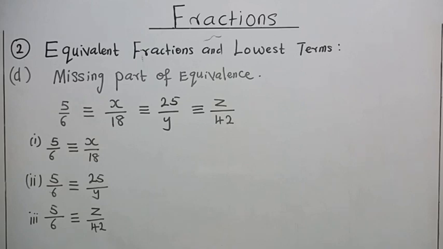There are two known methods of getting the value of this x. The first method is the method of solving equations. The second method is the trial and error method. Because it is supposed that you've not been taught equations, let me use the second method, which is trial and error. Now follow me as I use it to find the value of this x. How do I do that? I ask myself, this 6 became 18.